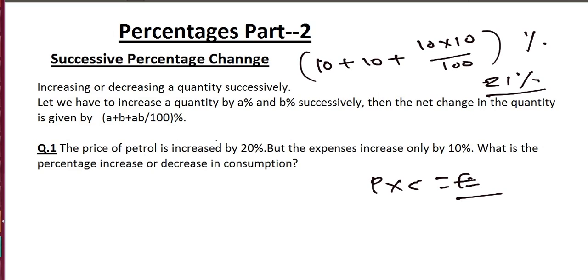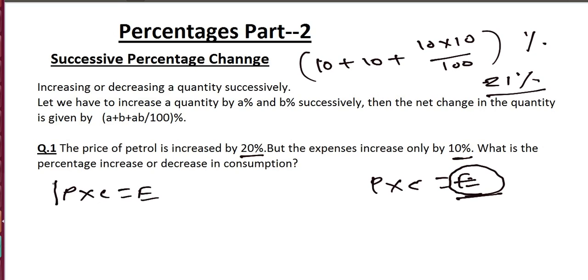For example, in this example, the price of petrol is increased by 20%, but the expenses are increased only by 10%. That means the overall expenses are increased only by 10%. So what is the percentage increase or decrease in consumption? So here the formula is price into consumption is equal to expenditure.